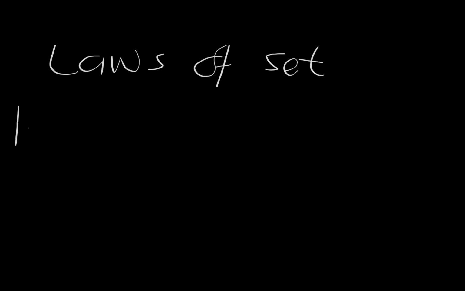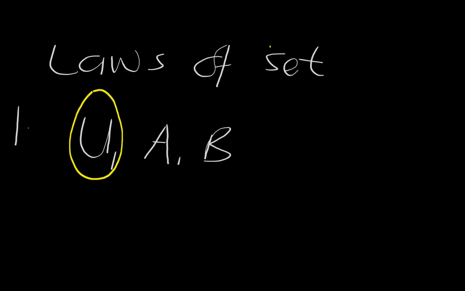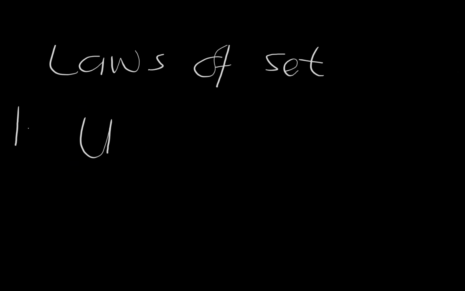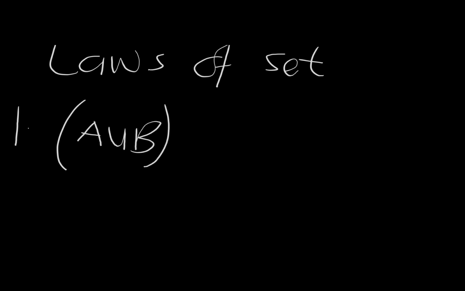This law says that if you have a universal set U and you have another set, let's say set A and B, and set A and B are subsets of the universal set, then if you find (A union B)', the answer you are going to get will be the same as A' intersection B'.